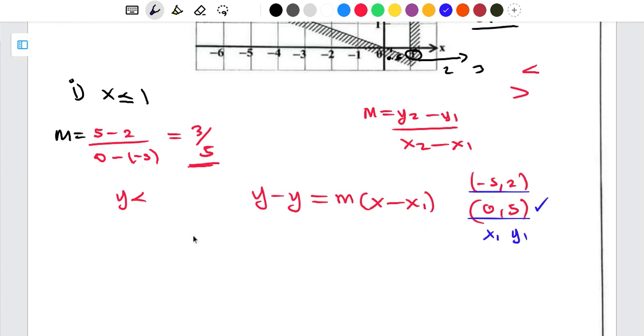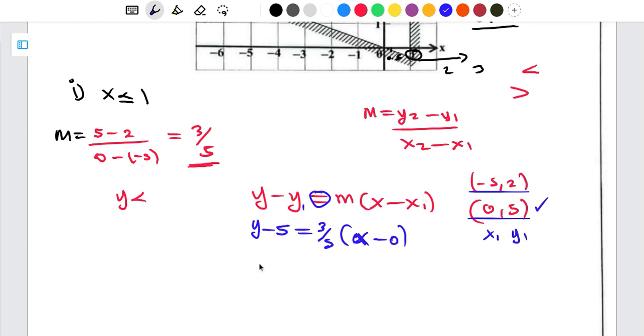So let's use it now. Remember, where we're having an equal sign here, we're going to put less than. So we have y minus y1. Our y1 there is 5. Then this is going to be less than, as we go on, the gradient, which is 3 over 5, times x minus x1. What is our x1? Our x1 is 0.